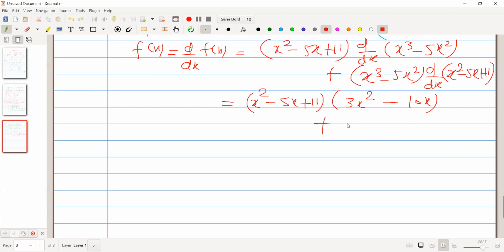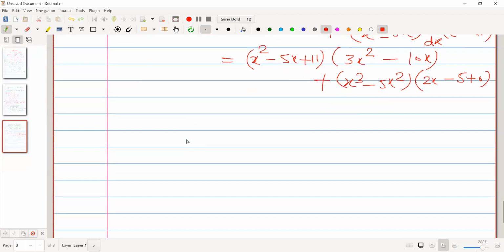Plus x cube minus 5x square whole into the derivative of x square: 2 into x power 2 minus 1 gives 2x. Get it understood? The power of 5x is 1, so 5 into 1, and this constant term gives 0.